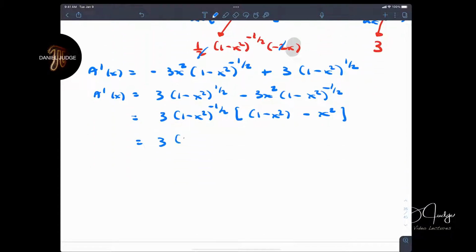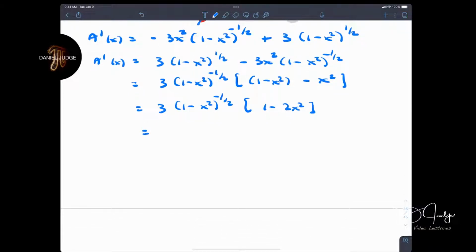So get 3, 1 minus x squared to the minus 1/2 now, 1 minus 2x squared. So altogether, 1 minus 2x squared over 3 minus x squared to the 1/2 power. Now this is my derivative here.